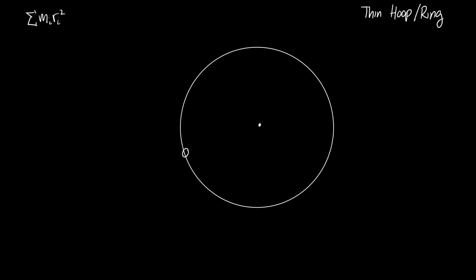This piece over here is a distance r away from the center. And this piece over here is also a distance r away from the center. Wouldn't it be that every piece of mass is a distance r away from the center? The moment of inertia of a ring is mr squared for that purpose. I think you can reason it out.